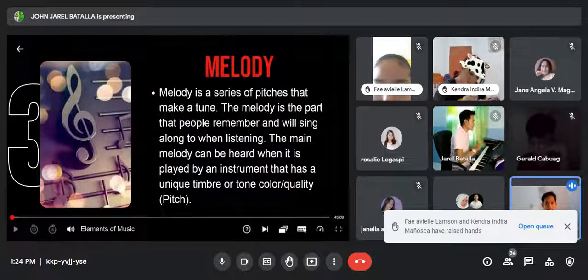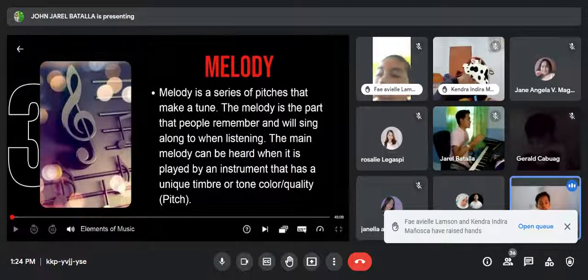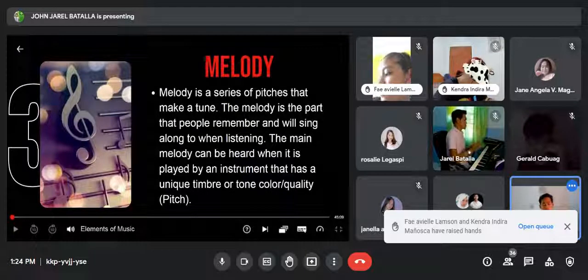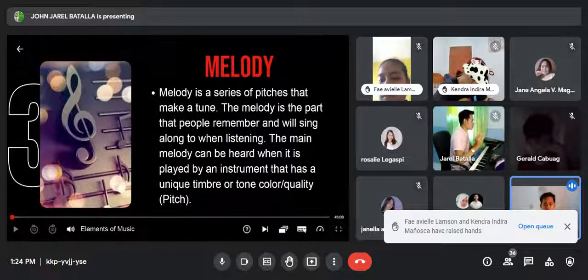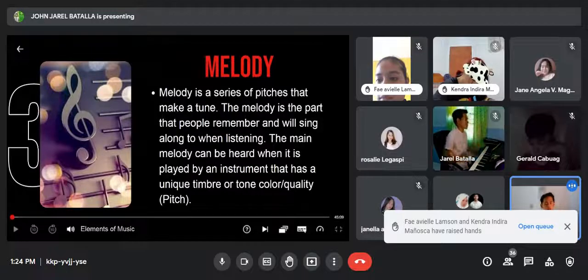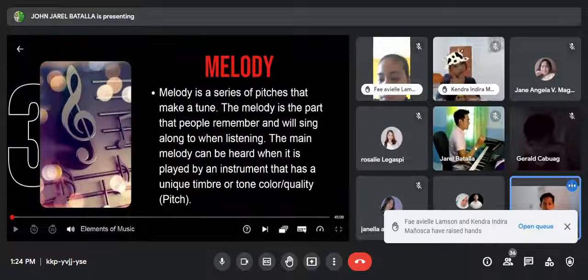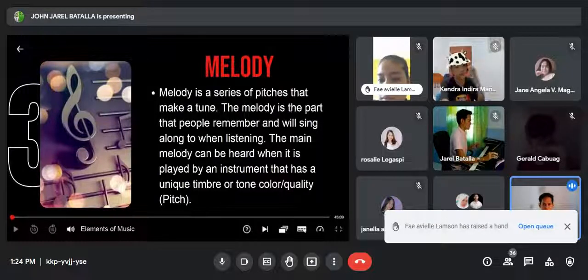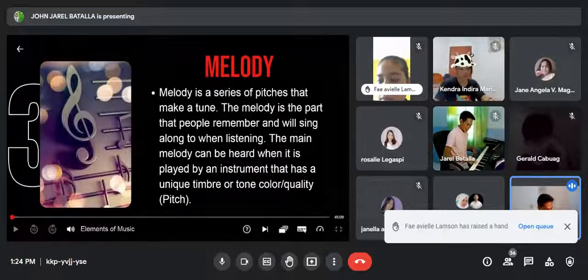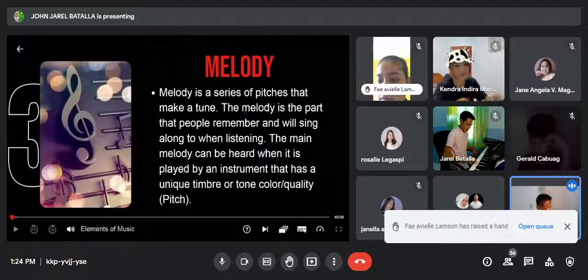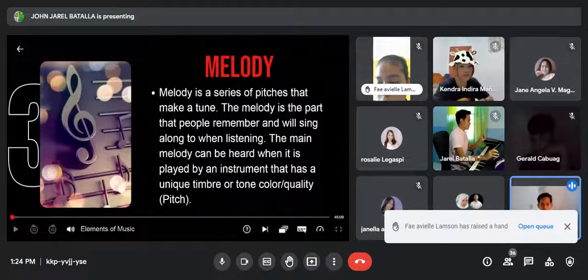That's correct. But additionally, melody is the original tune. Take note, the melody is the original tune of a specific song. It is the pitches or notes that the artist sings. For example, Happy Birthday, that's the melody of it. That's the original tune.